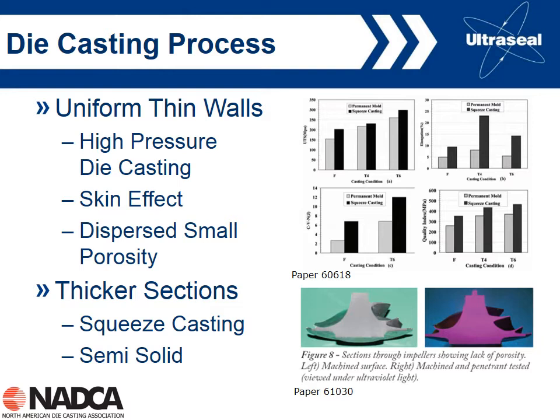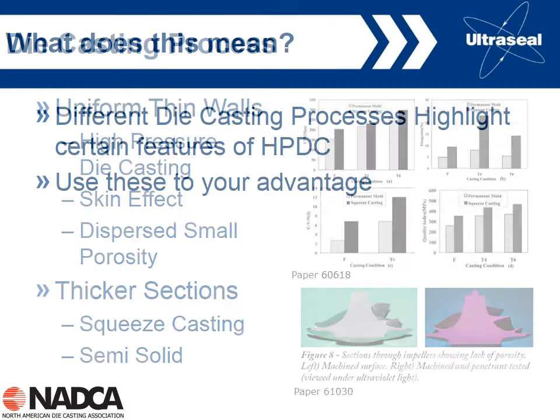This is ideal for these thick section castings. You need very large gates to help feed the solidification porosity. The casting shown on the lower right here is a turbocharger impeller. The one on the right is penetrant tested on the section surface, basically showing zero porosity. And that was achieved by using a very large gate, about a 2-inch diameter gate on that part.